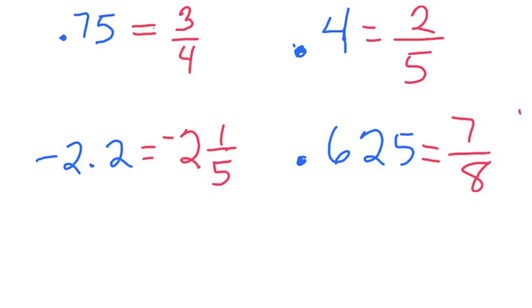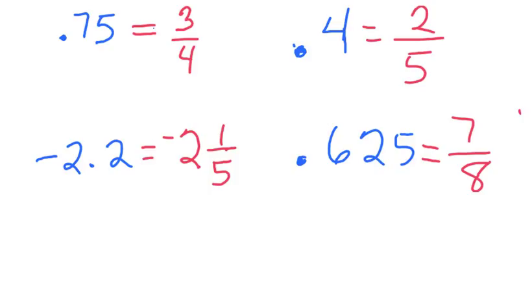Remember, think quarters. 0.4 is 2/5. Remember 2/5, double the top number, the fifths family. Here's the fifths family again, 0.2. 0.2 is 1/5. And the eighths family, remember the eighths family?